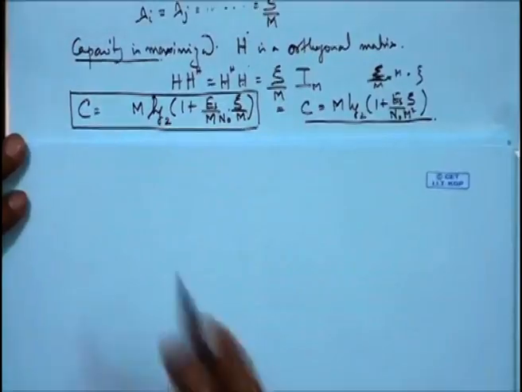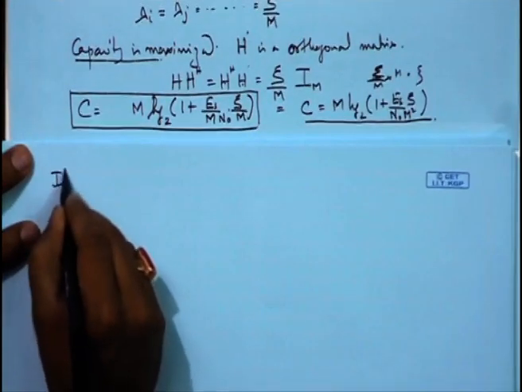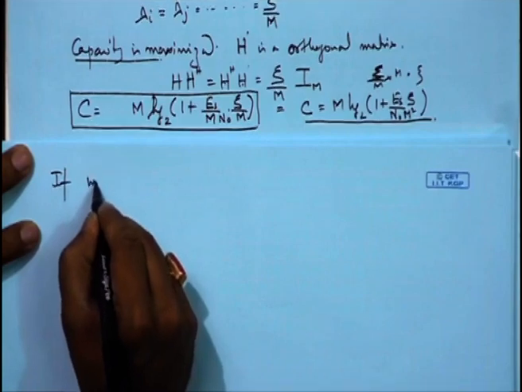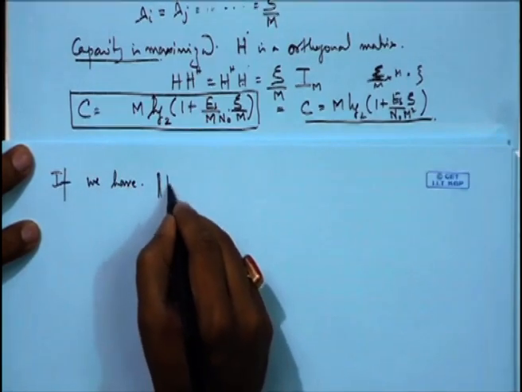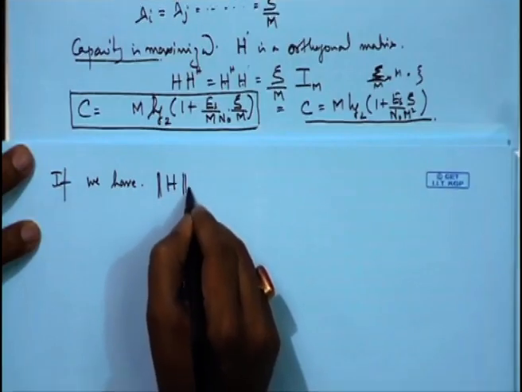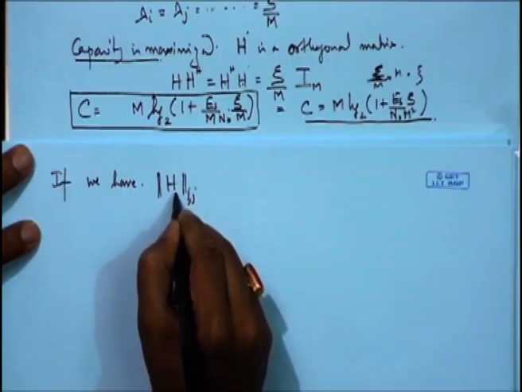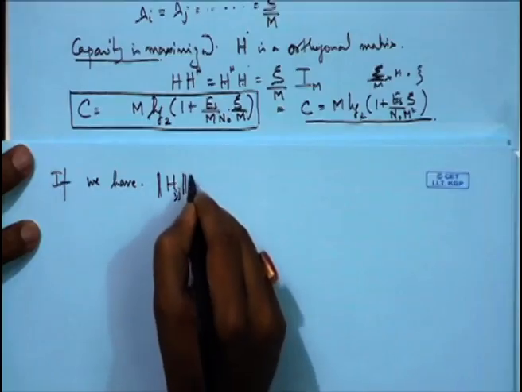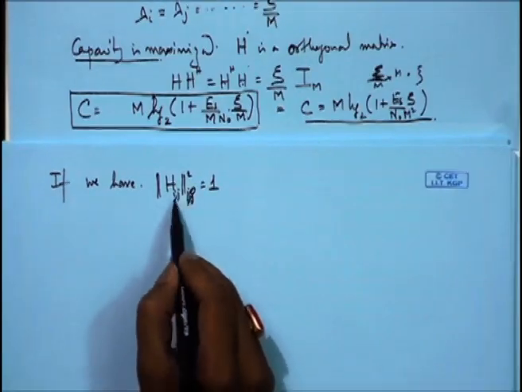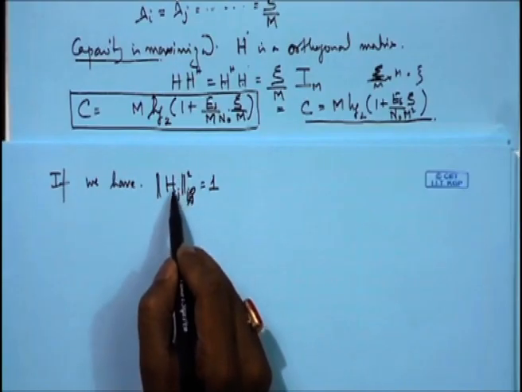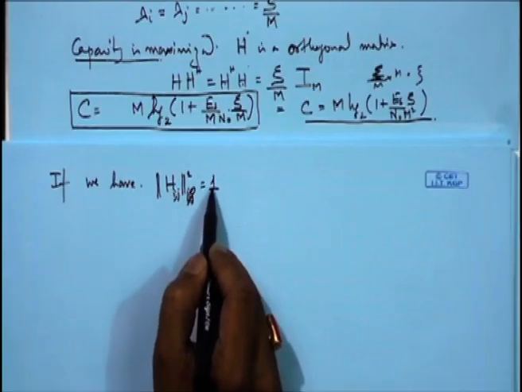What we have is now, if we put the constraint that the mod squared of the ij element of H is 1, that means we are putting the constraint that each element of H has a power of unity.